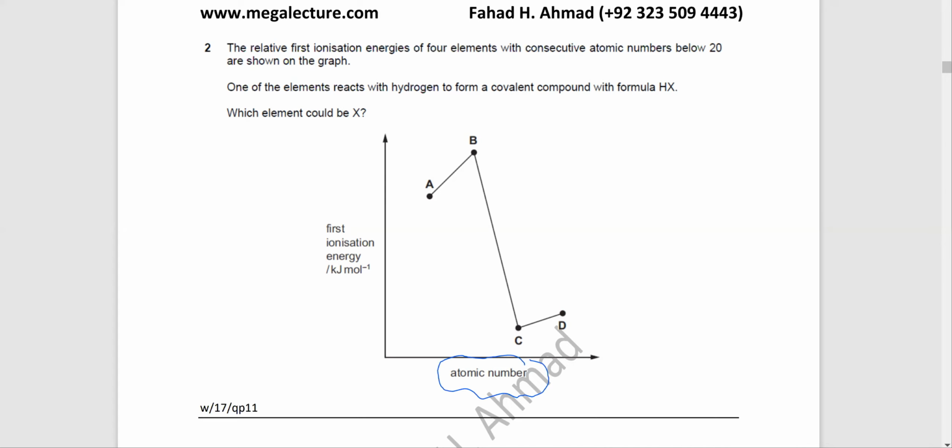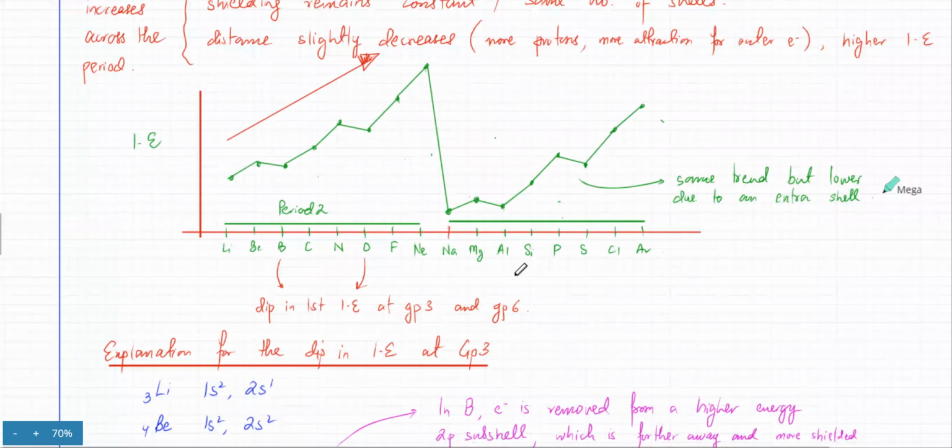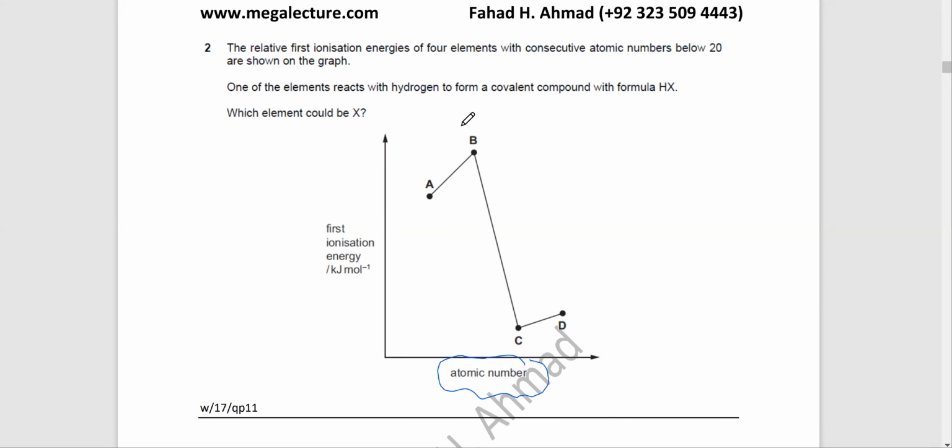You're moving according to the atomic number, right? Lithium is 3, then 4, 5, 6, 7, and so on. So which portion of the graph do you think this question belongs to? They've given you a portion of the ionization energy graph.